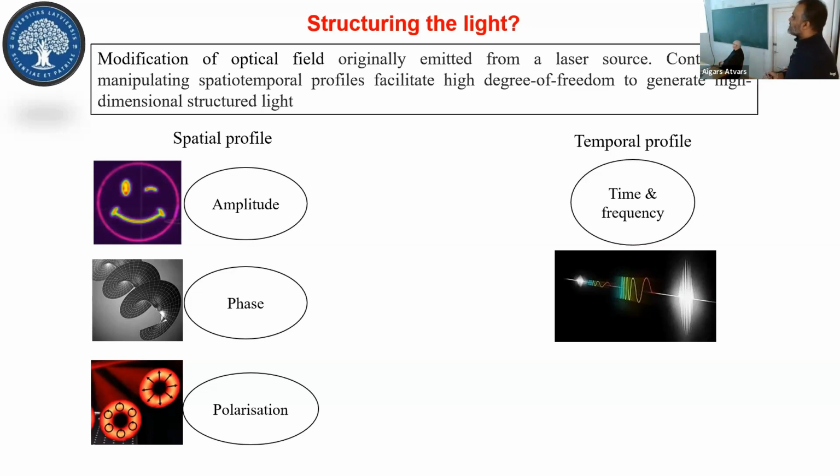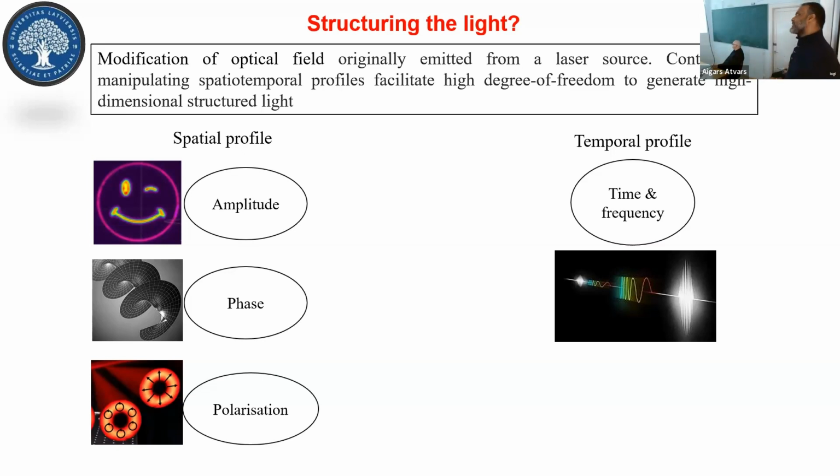So what does it mean by temporal profile? The temporal profile of a laser is a function of time and frequency. So if you have an adaptive optics, a diffractive optics, which can control the temporal profile of the laser, then you have full control of the laser. Basically, having an adaptive optics which controls spatial profile and temporal profile simultaneously is a very challenging task for researchers.